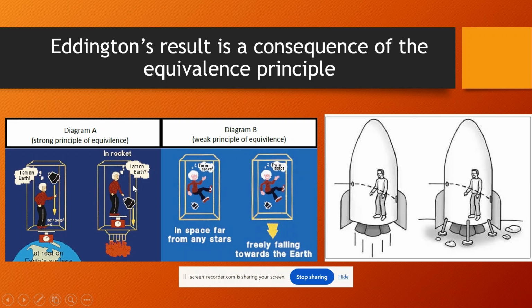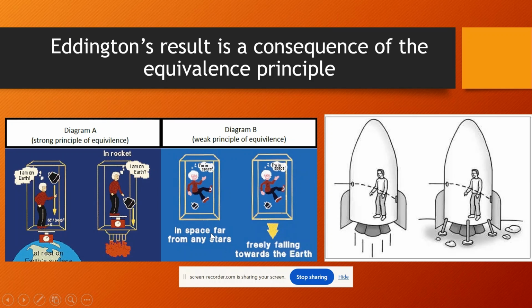So those frames of reference will perceive the same, and if you throw an object here, the object will fall to the floor at the same acceleration as it does on the Earth. So in other words, there is no difference between those two experiments up to small deviations due to tidal effects.